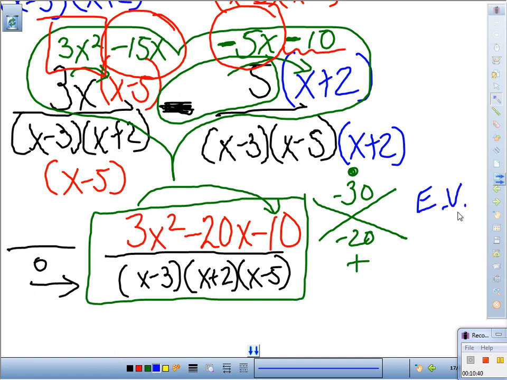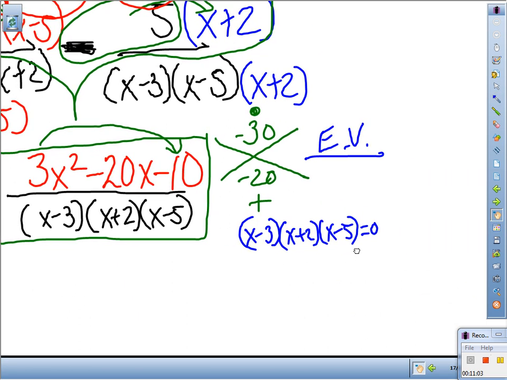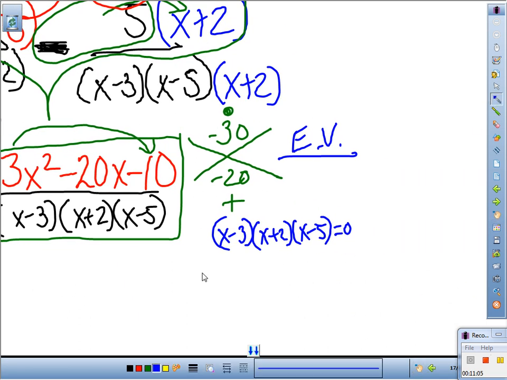Excluded values. Tell your neighbor what to do from this point to find the excluded values. Set all this equal to 0. X minus 3, x plus 2, x minus 5, and all that equal to 0. All right, so let's set each one equal to 0. X minus 3 equal to 0.